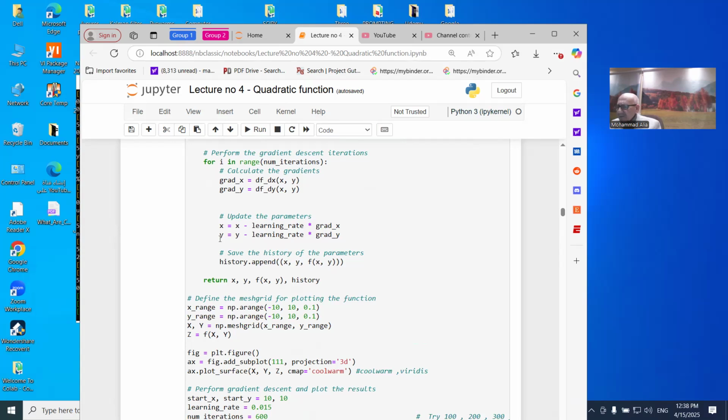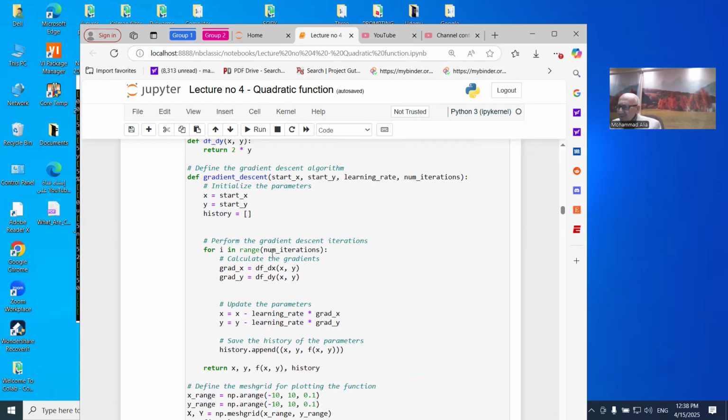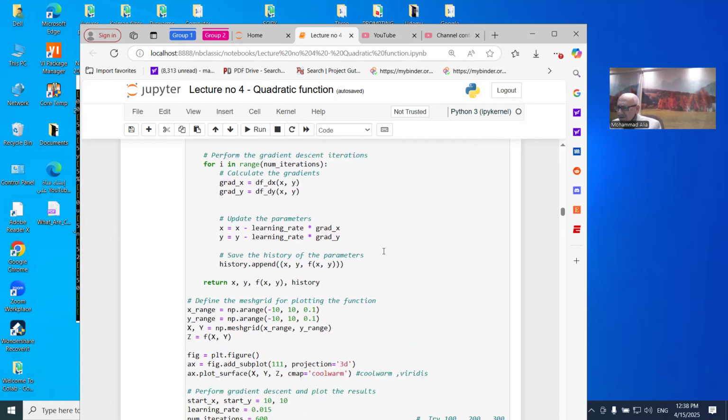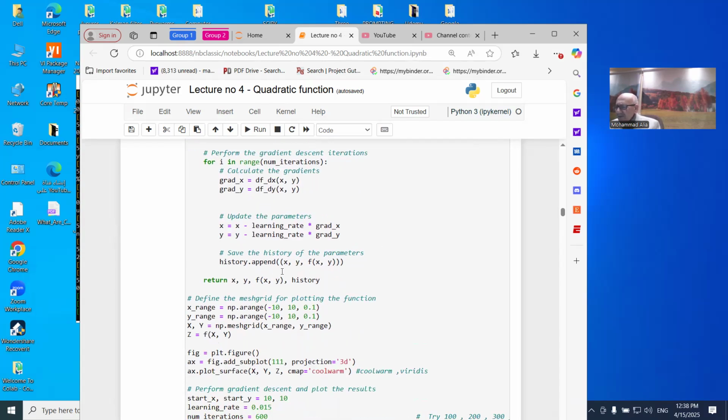And now the new values, these intermediate values, we shall use them in the future. So we append them to the empty list which we have created and called history. We will append the values of x, the values of y, and f of x, y, which is the value itself of the function, to the history list.